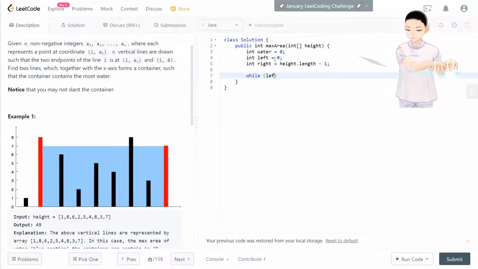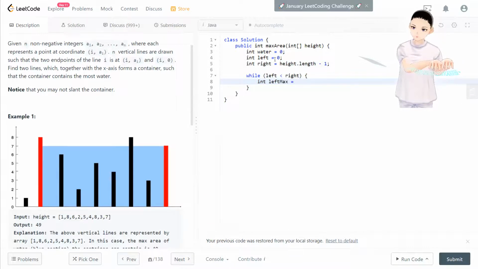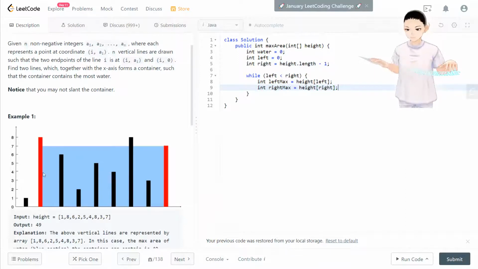While left is less than right, we need to capture the left max equal to height[left]. Same thing here, right max equal to height[right]. We make these the edges as the left max and right max until they find a higher one, then they will update it.